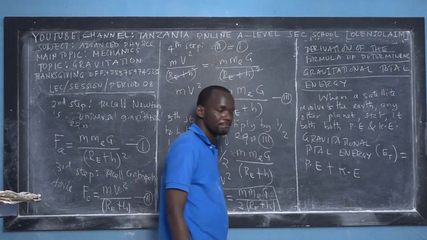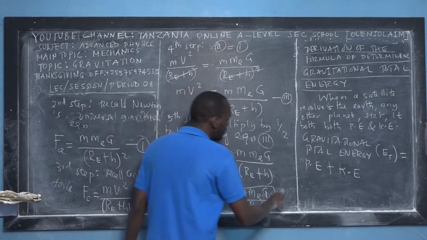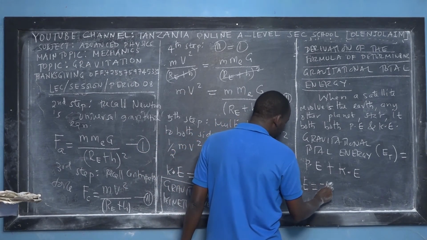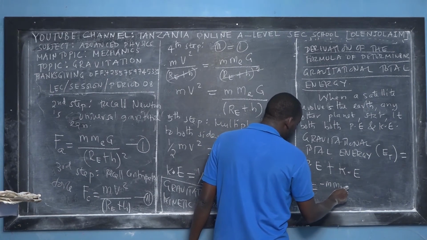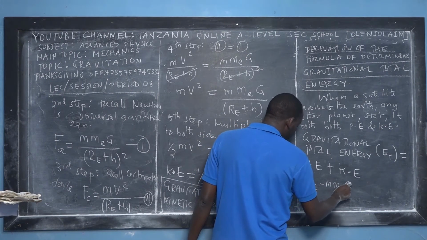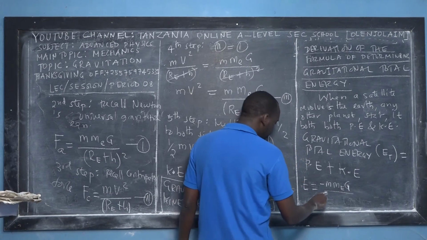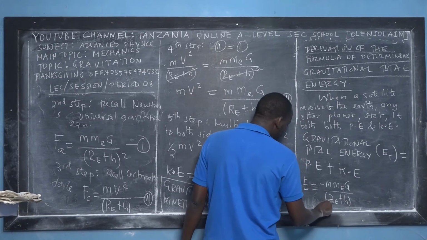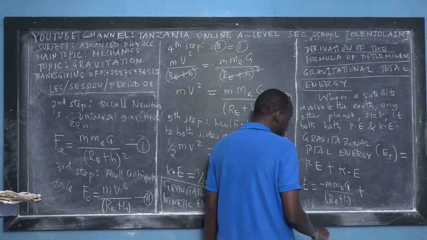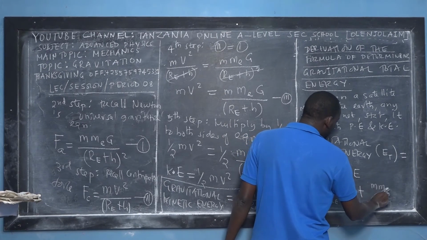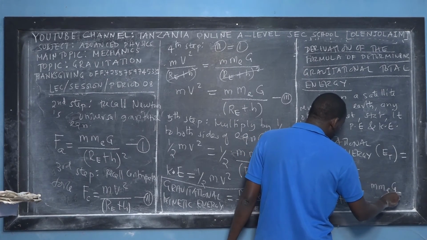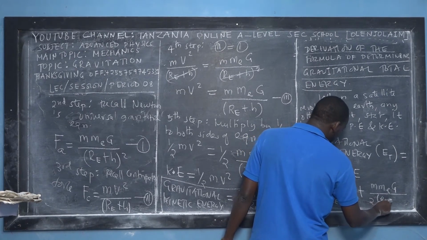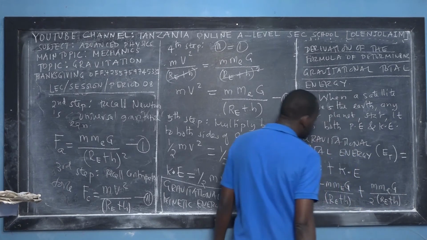The gravitational potential energy is negative, mass of the Earth times gravitational constant over the radius of the Earth plus the height h, plus kinetic energy, which is the product of mass of the Earth times gravitational constant, divided by 2, then radius of the Earth plus the height h.